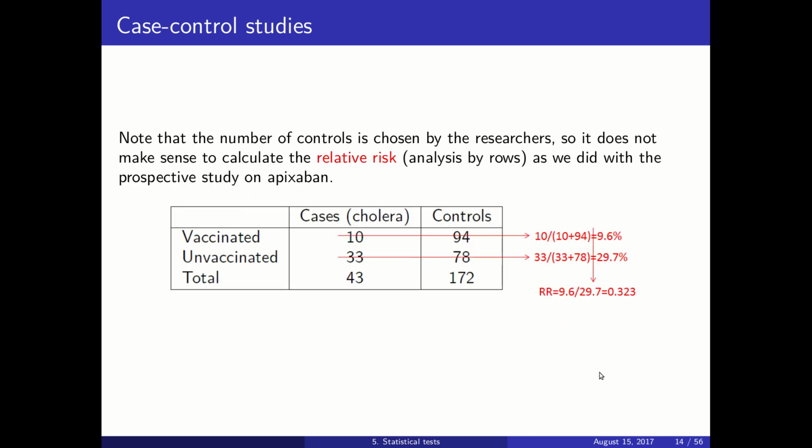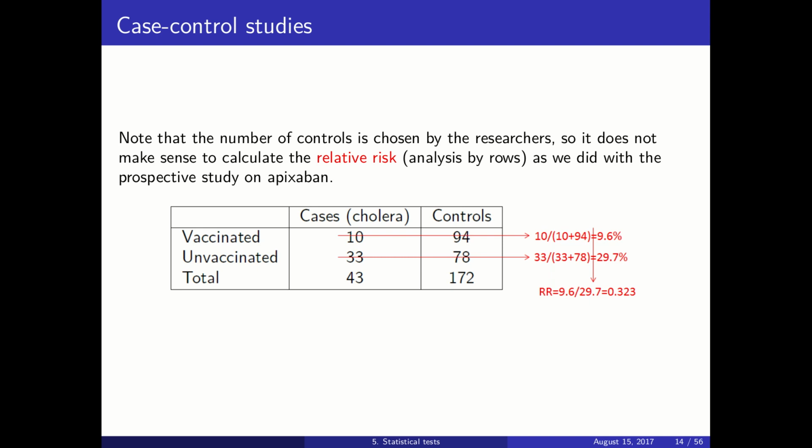Okay, so you may note that the number of controls is chosen by the researchers. So you can put more or less controls into your study. So computing the relative risk, which is an analysis by rows, is not so sensitive.